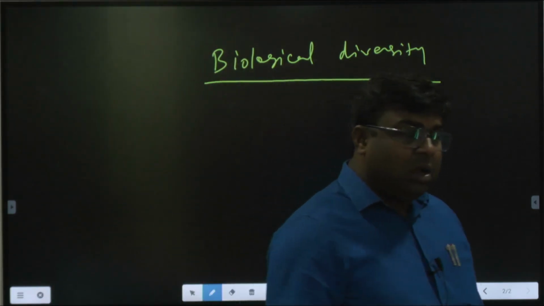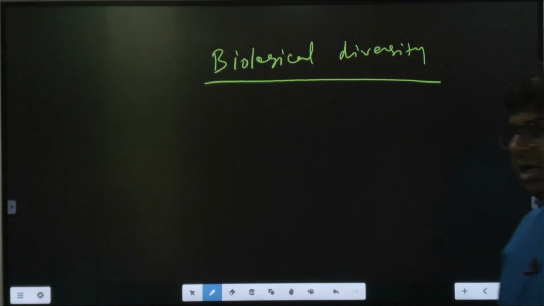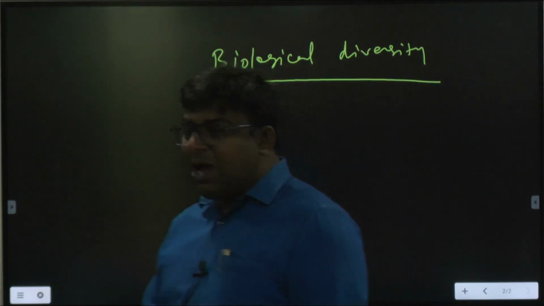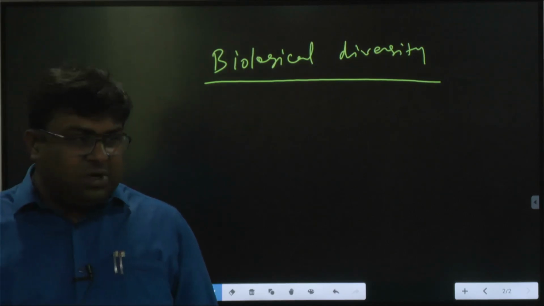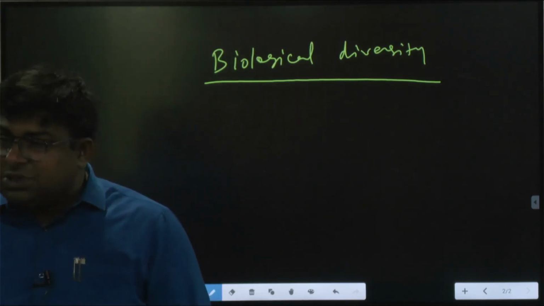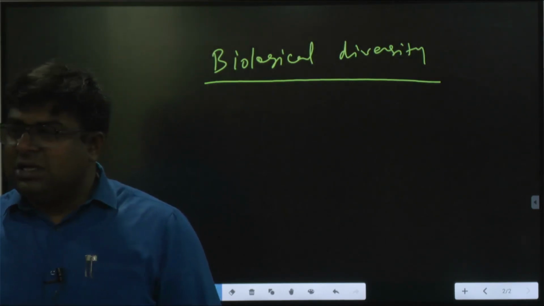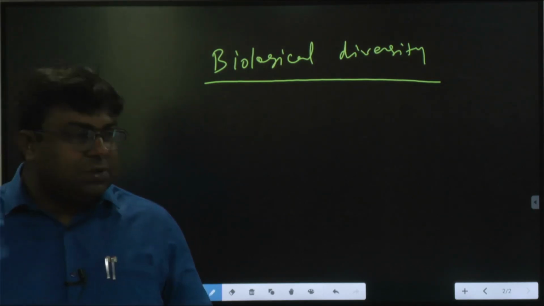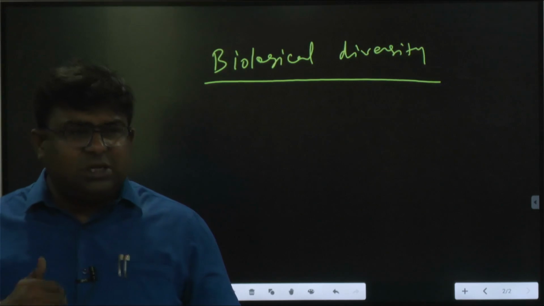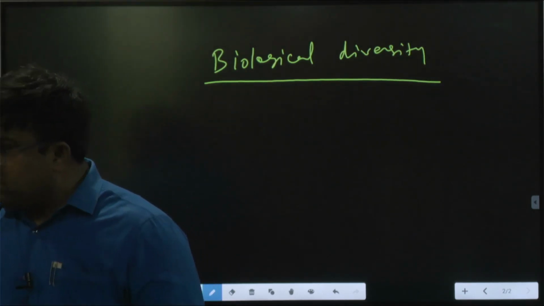But this entire 10 to 11 million biodiversity of Earth is not known biodiversity. Out of this 10 to 11 million estimated types of species, only 1.5 to 1.8 million species are known so far. Known species means they have been discovered and have got their scientific name, right?